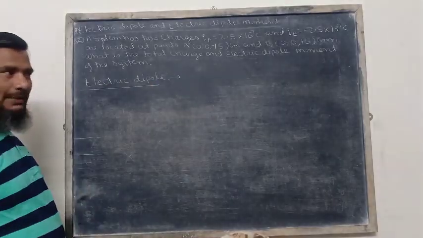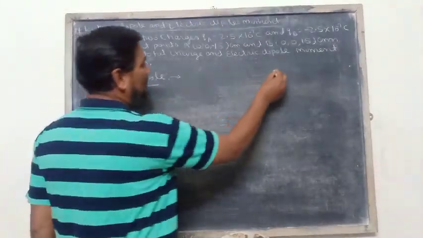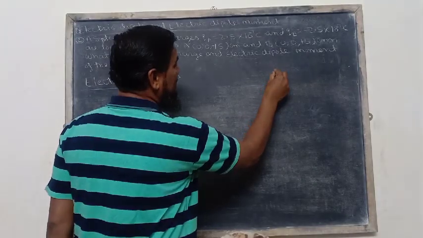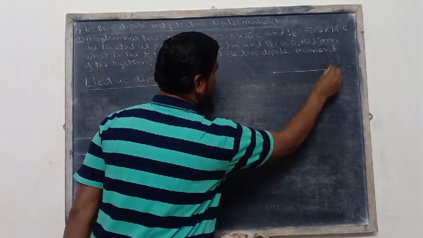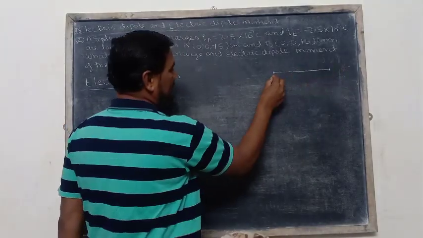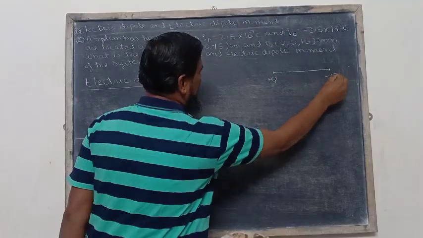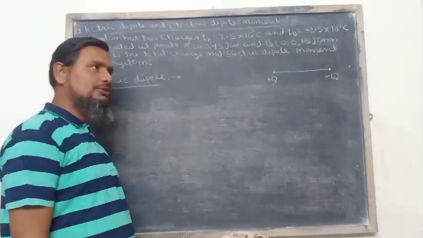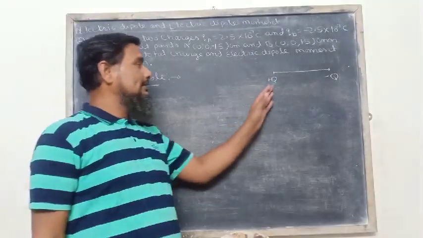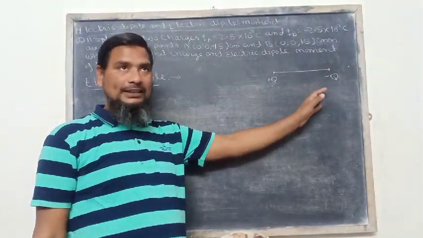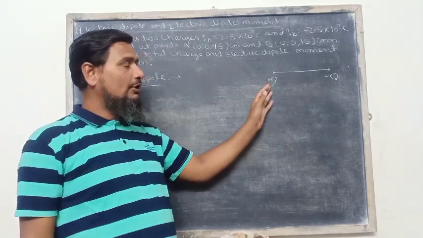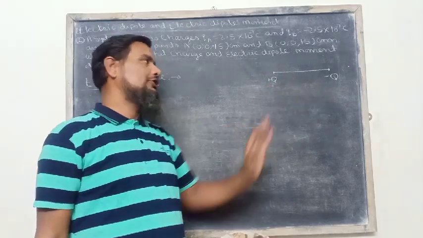What is an electric dipole? When two equal and opposite charges, plus Q charge and minus Q charge, are placed very close to one another, they behave like a single unit and produce a common electric field and potential.